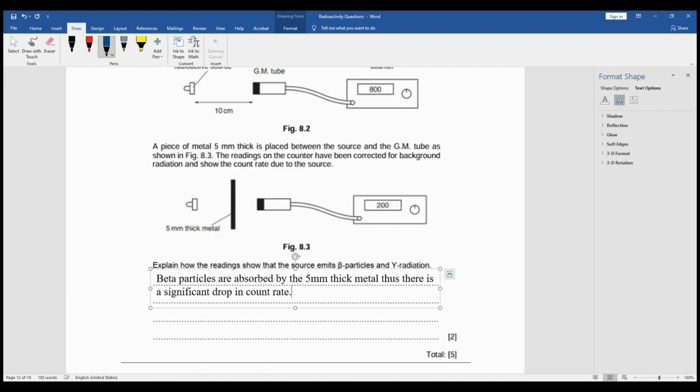Some more: gamma can pass through the 5 mm metal.